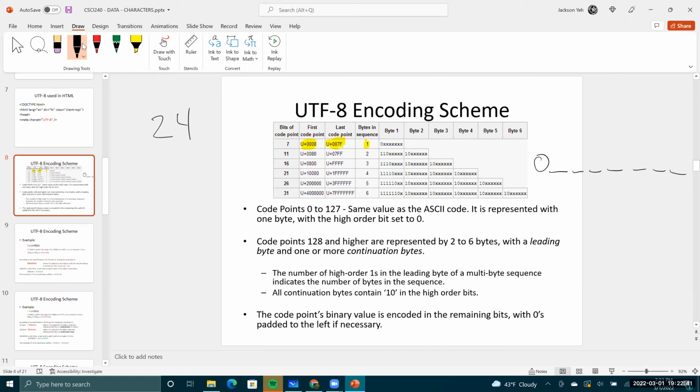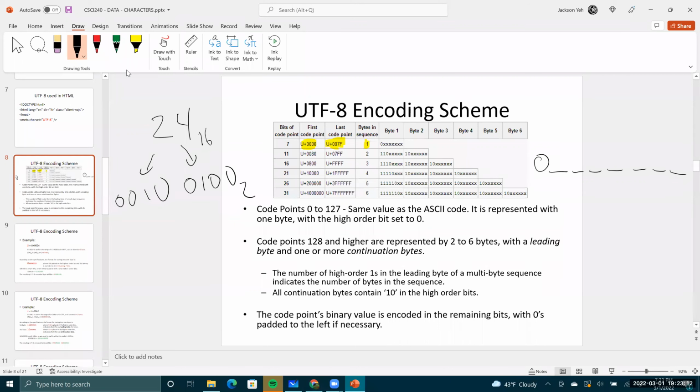Okay, so now I need to fill that in. How do I do that? The next step is I need to convert this, which is currently hex, base 16, to binary. As a quick review, do you remember how I convert hex to binary? Groups of how many bits? Is it 3 or 4? 4, exactly. So 4 is 0100, and 2 would be 0010.